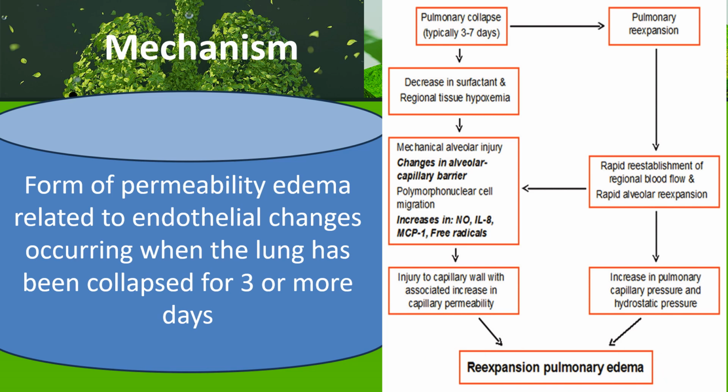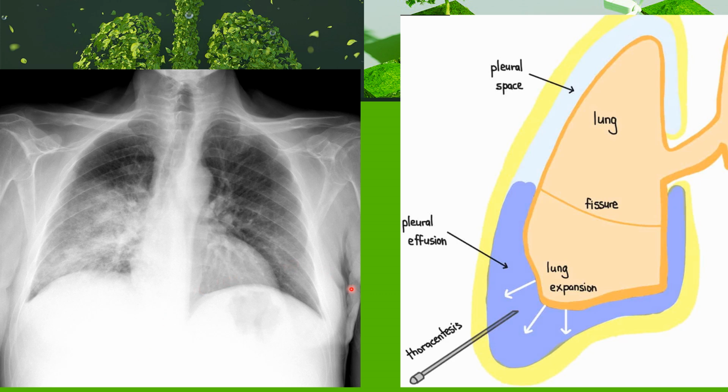We will see the chest X-ray. So here, this is the chest X-ray. Here you can see this is the lung, this is the fluid. The fluid around the lung causes collapse of the adjacent lung. Once collapsed for more than 3 to 7 days because of this fluid accumulation, we start aspiration through a needle.